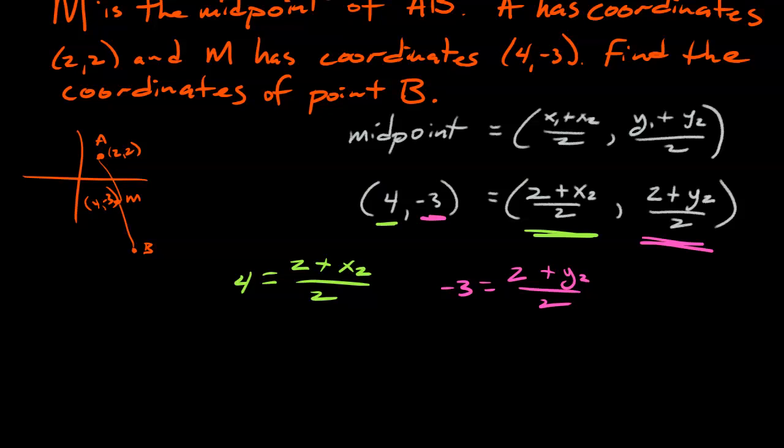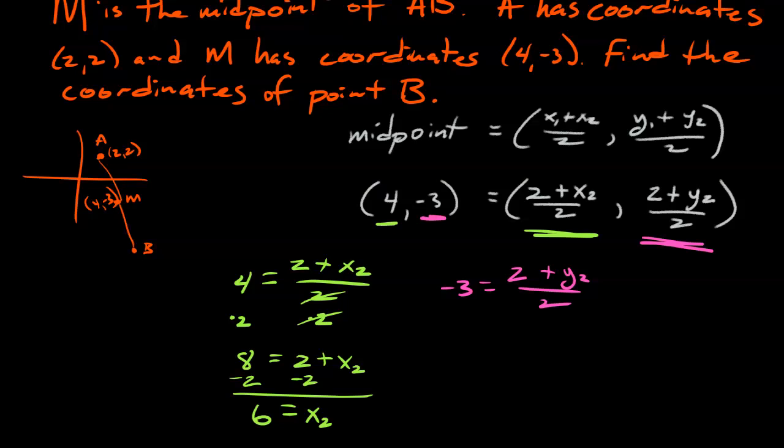So I'm going to solve these separately. I'm going to multiply both sides by 2. And what that does is cancel off the divided by 2. So then this would say 8 equals 2 plus x2. And then I will subtract 2 to cancel off that plus 2. So x2 is 6.